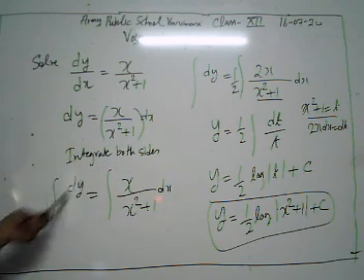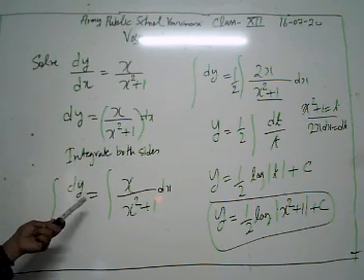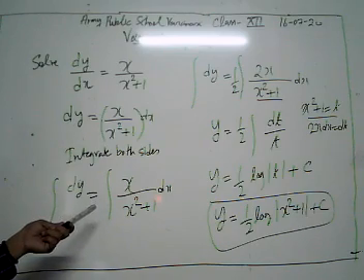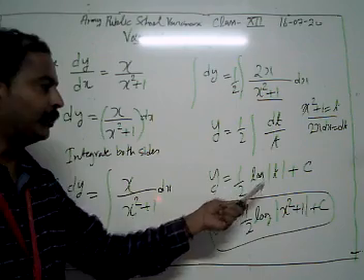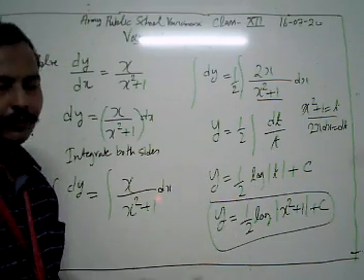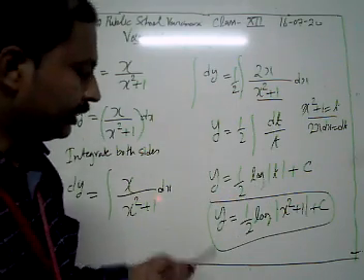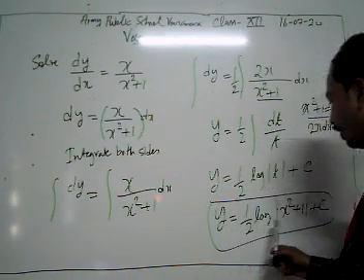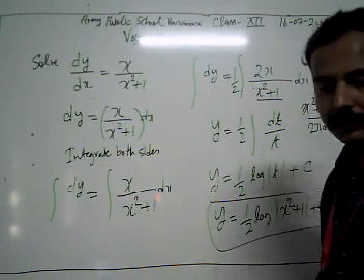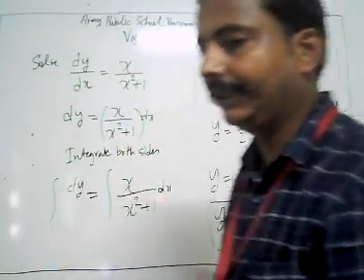Integrating both sides, integration of dy is equal to integration of x upon x square plus 1 dx. After integration we get y is equal to 1 by 2 log mod t plus c, and putting the value of t we get the solution y is equal to 1 by 2 log modulus of x square plus 1 plus c.